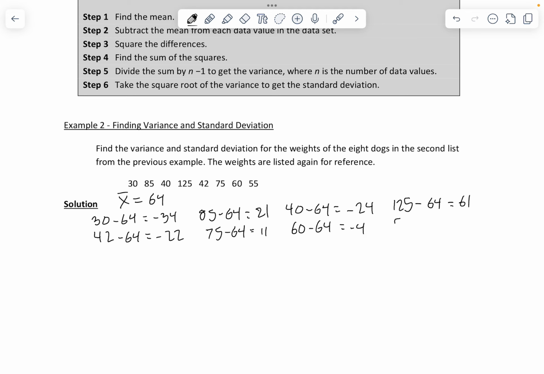And then finally, 55 minus 64 equals negative 9.